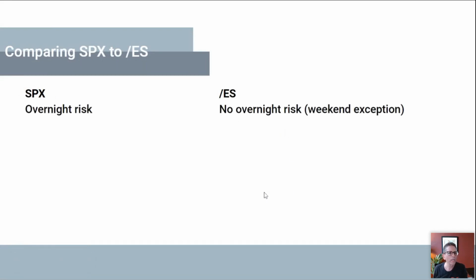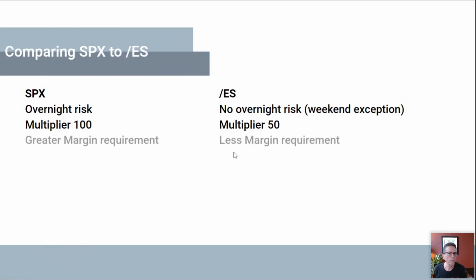So real quick, the comparison. Overnight risk: on SPX there's overnight risk, none on ES because you're able to manage it overnight. The multipliers are different between the two, so that means you get half the credit.